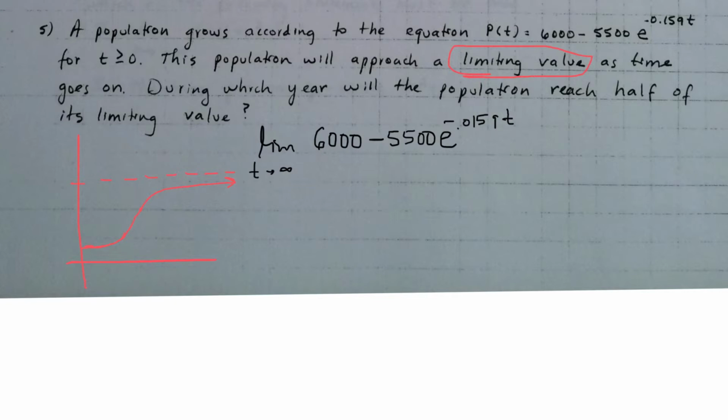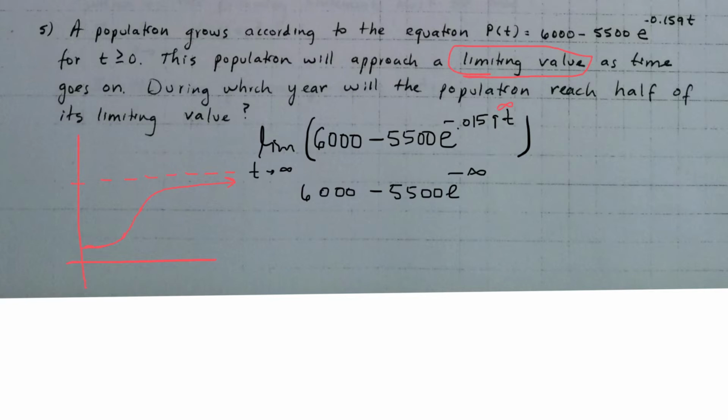And when you take the limit of this function, you'll just get 6,000 minus 5,500 e to the, think about what you get when you multiply negative 0.0159 times infinity, because that's what t becomes, infinity. So if t is infinity and you multiply it by a negative decimal, you'll just get negative infinity.